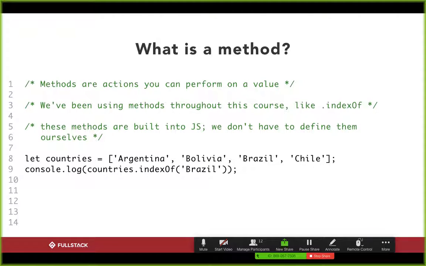And because JavaScript builds it in so that every single array we ever create already has those functions built in by default, we call those functions methods of our arrays. So here we see a quick example where we're using indexOf. Okay, so don't be intimidated by the word method.